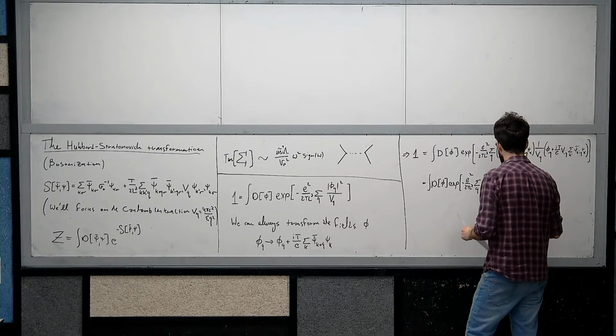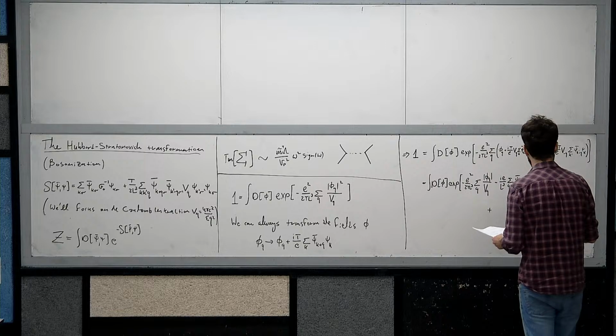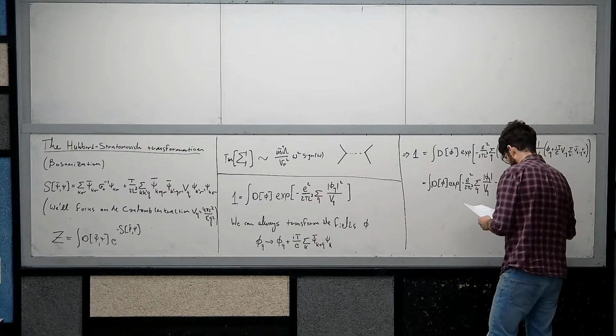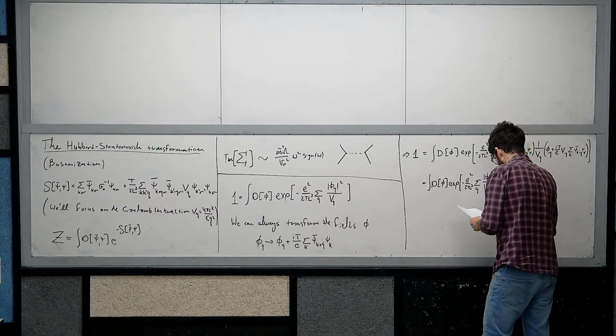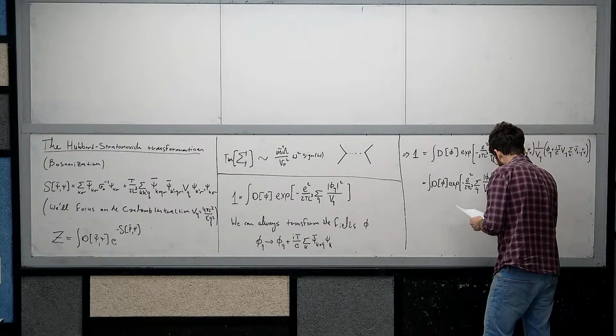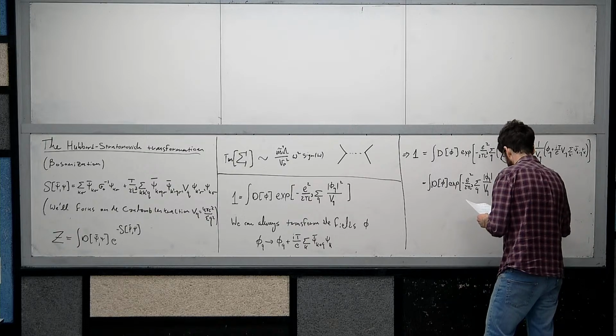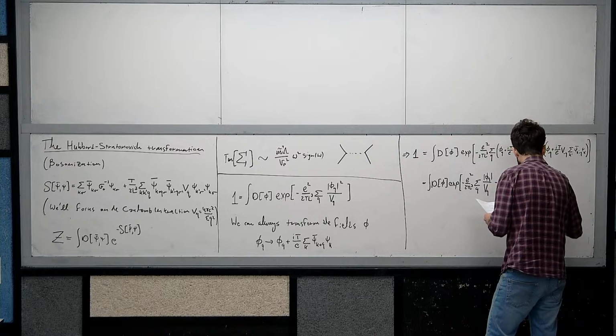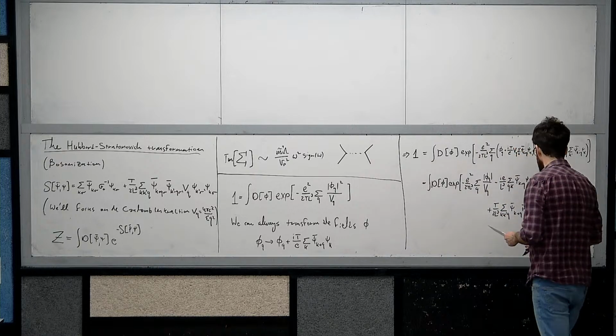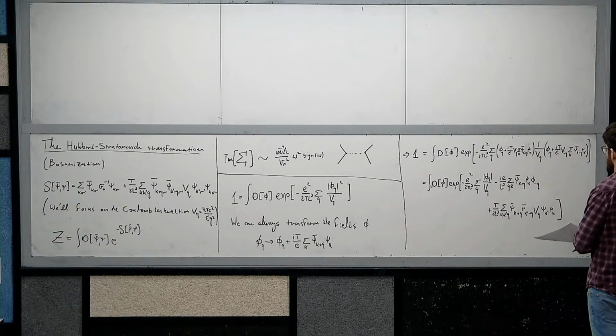So e cancels, and so we have t over 2l cubed sum over k, k prime, q, psi bar k plus q, psi bar k prime minus q, vq, psi k prime, psi k, and as I promised, I omitted the spin indices.